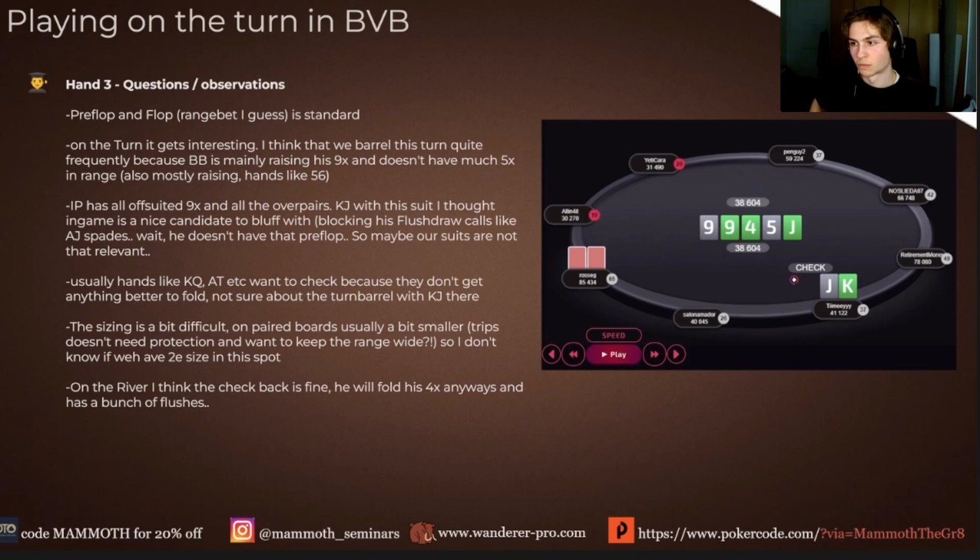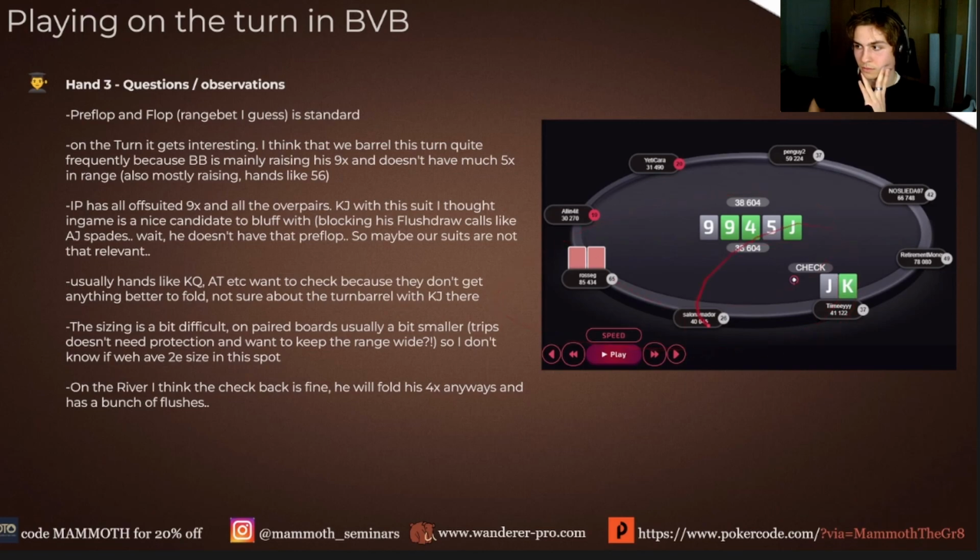But what's tough is to know what hands to bluff with. Because he's capped. He's going to be check-raising most of his 9x at 40 big blinds, if not all of them.